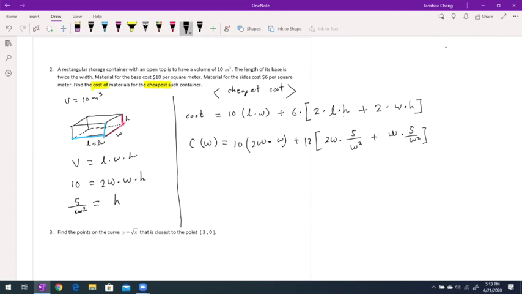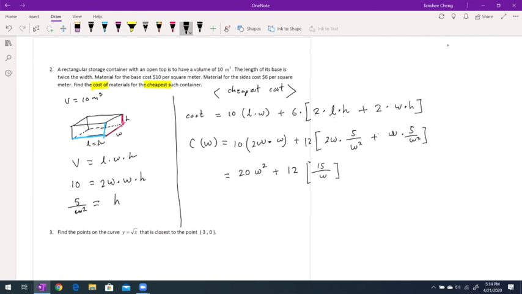So let's try to do this. Simplifying this, that will be 20w squared plus, when I simplify this part, that will give me 10 on the top, and then w, and then 5w. So that will become 15w.